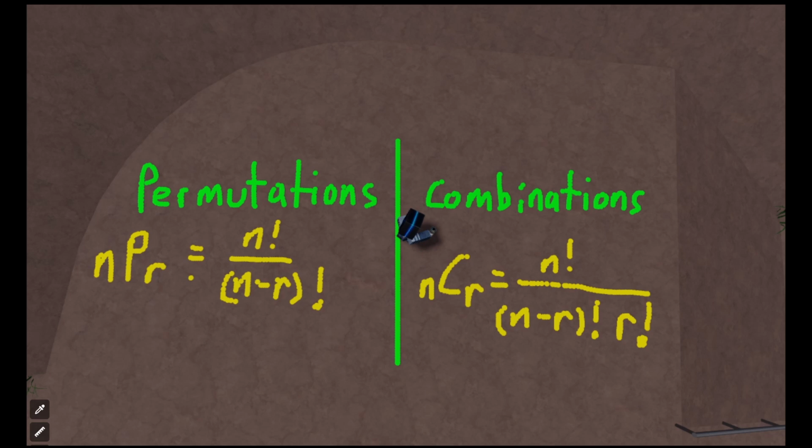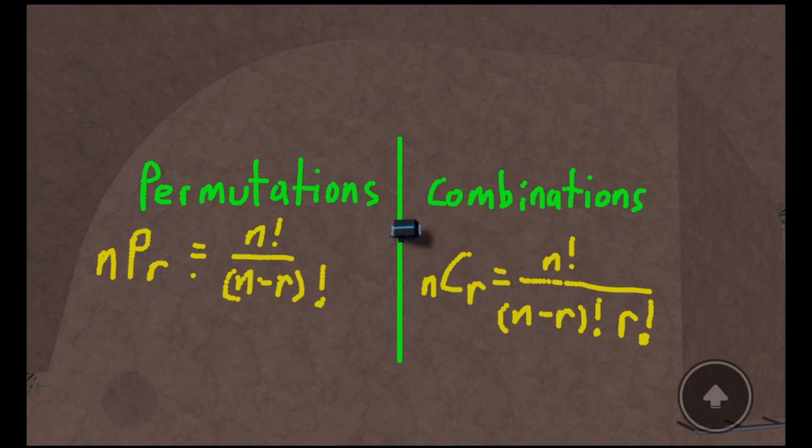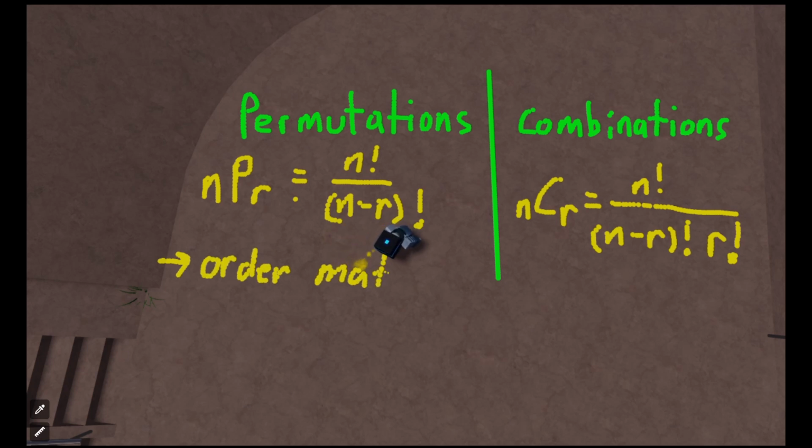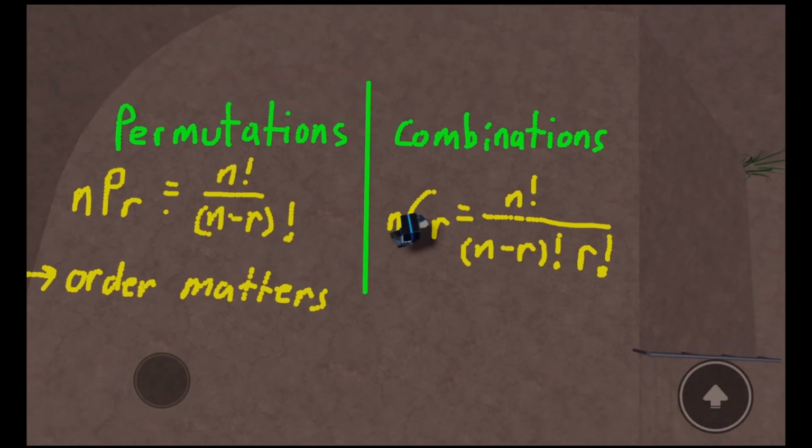Now these are clearly different formulas. When am I going to use permutations, and when will I use the combination formula? The trick is this. For permutations, the order matters. So I'll write that down. Order matters. And for combinations, you use them if the order does not matter.